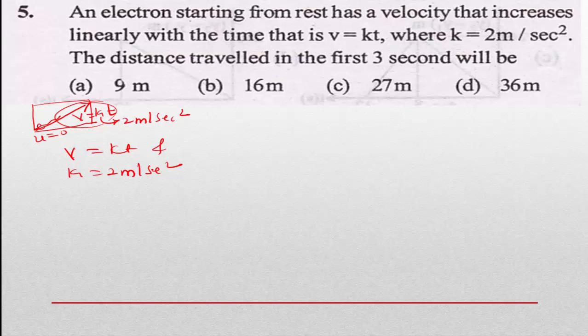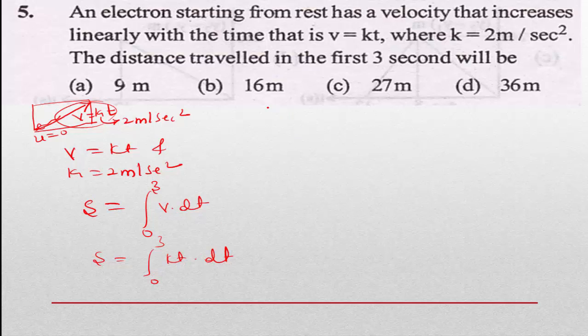Here we use the integration formula. s equal to integration over 0 to 3 seconds, the limits, of v into dt. This is the standard formula. Here s equal to integration of 0 to 3 of velocity v, which is kt, into dt.